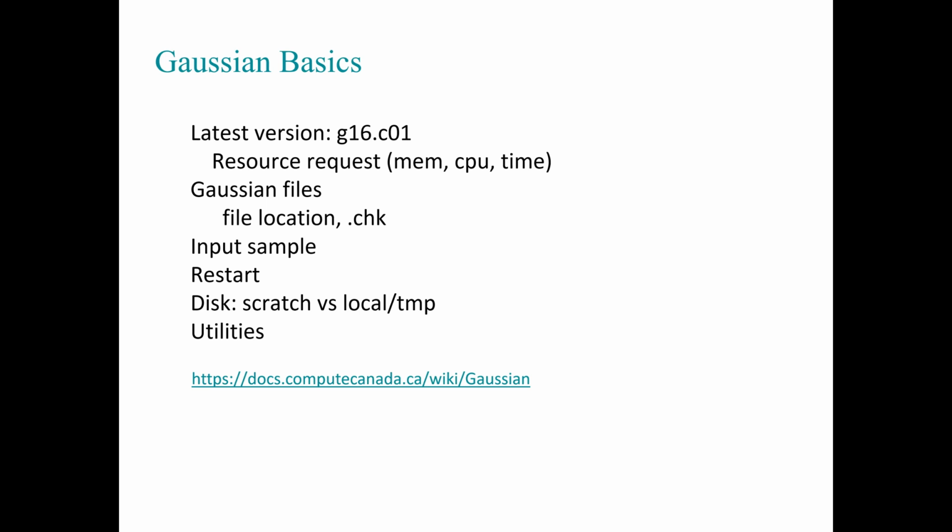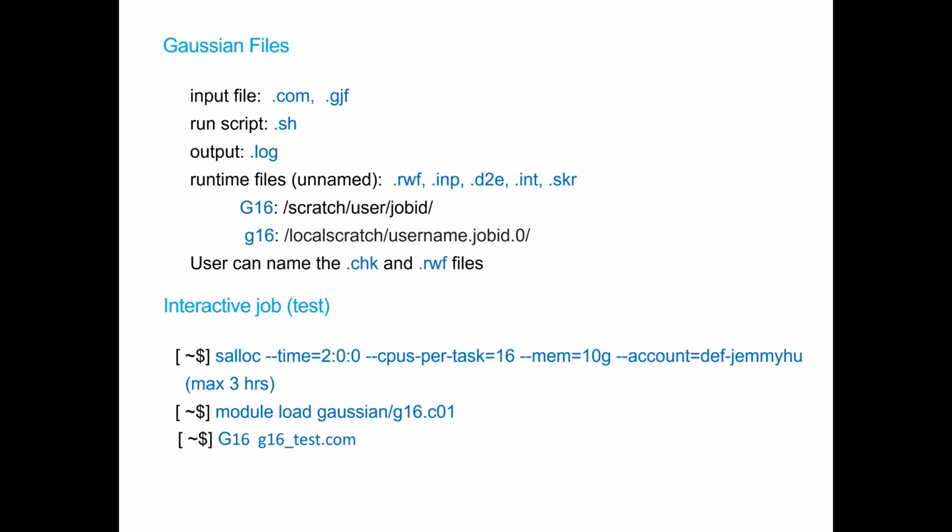And then some utilities like formchk or something. We have tried to put everything on the Gaussian wiki page. And I think all of you have read through the wiki page, and this seminar will help to understand it.